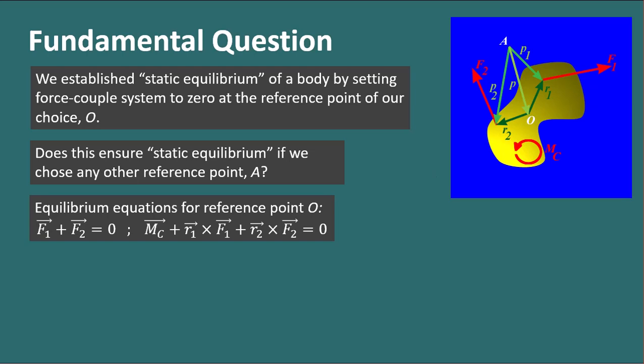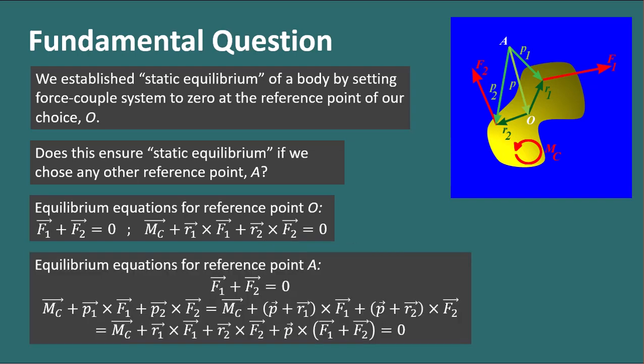The equilibrium equations for reference point O are these two. This is the sum of the forces. There is a couple Mc acting, and at O, the forces F1 and F2 produce this moment. So the sum of moments is equal to 0.